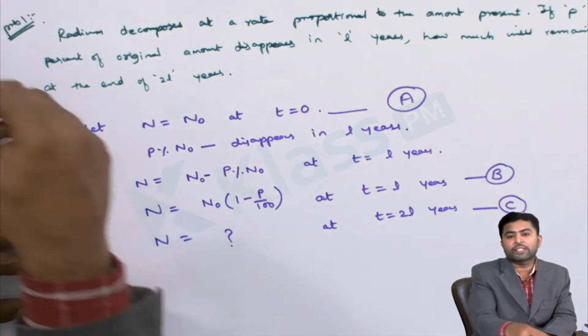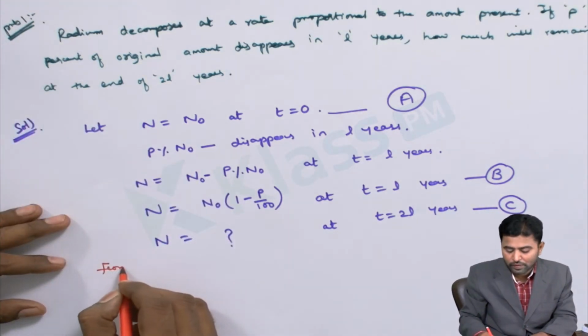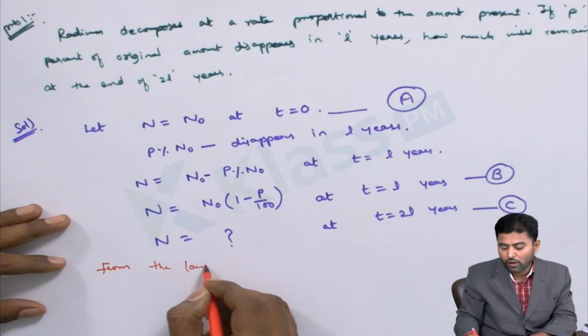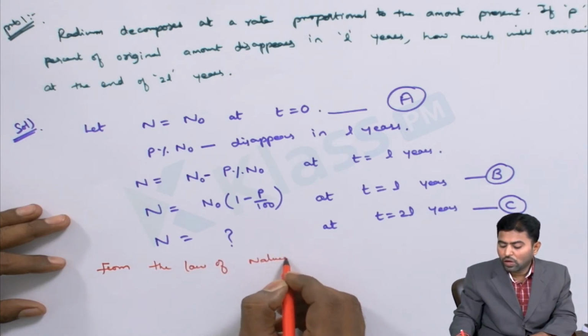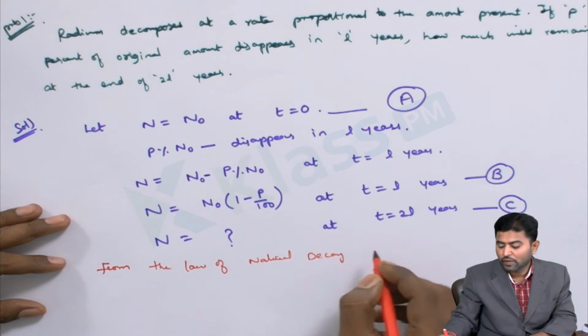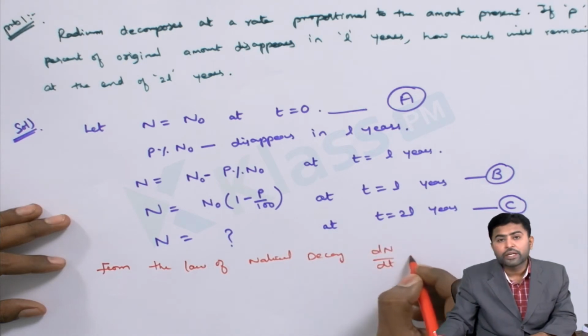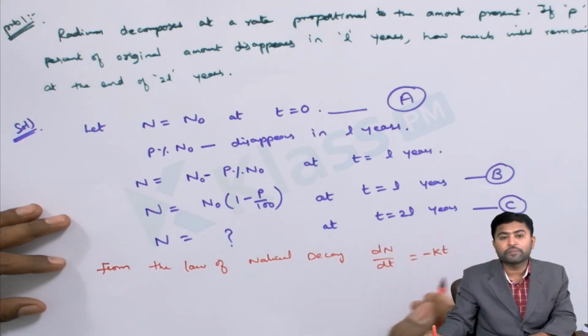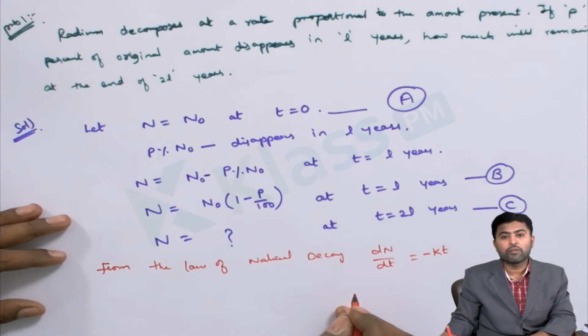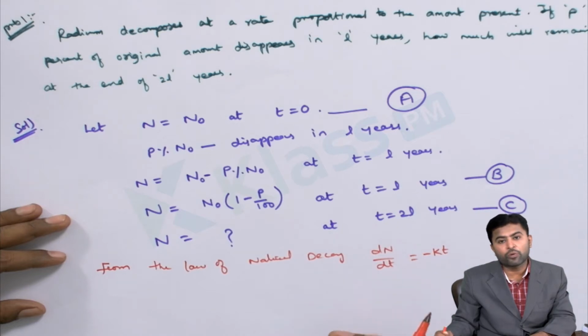So from the law of natural decay, dN by dt is equal to minus k into N. Why am I writing the minus sign? I told you earlier that as the time increases, the amount decreases.